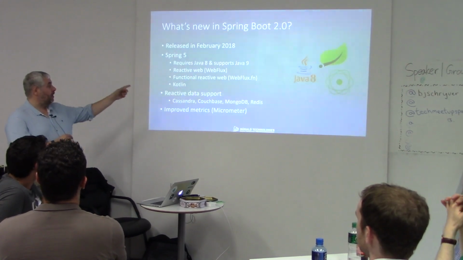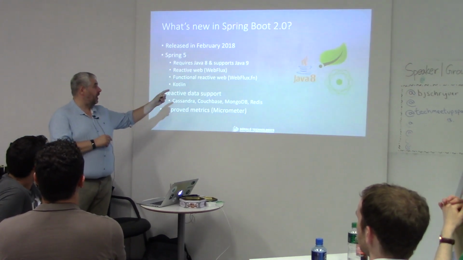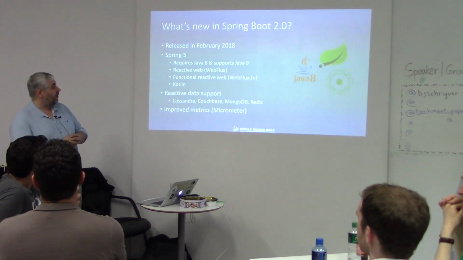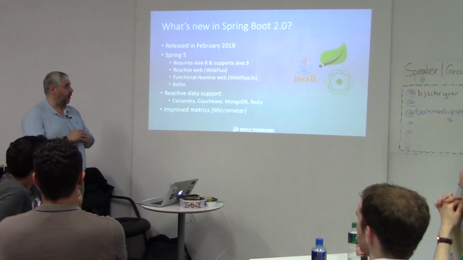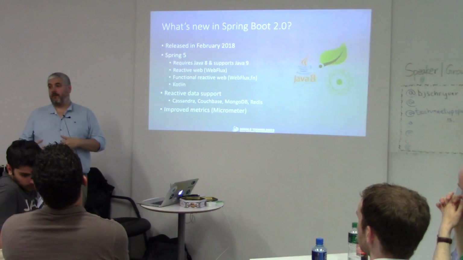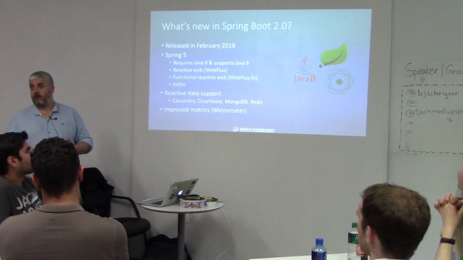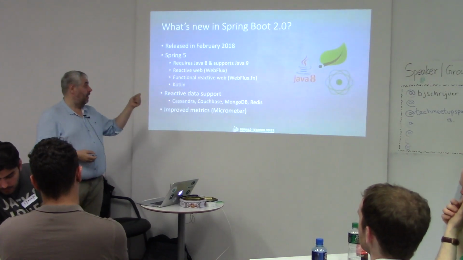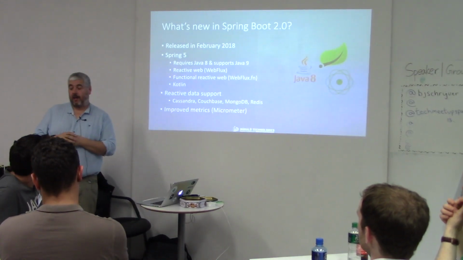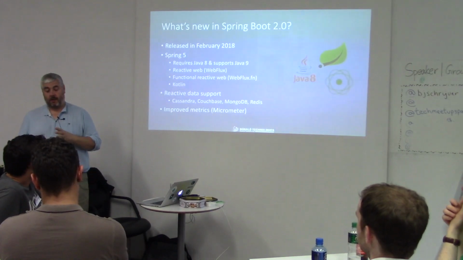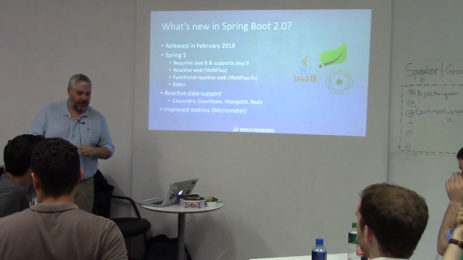I'm not going to look at this, but another thing that they did was there is a functional reactive web component as well released. So if anybody's familiar with things like Scala, where you write router functions and things like that, that's what the functional reactive web is.